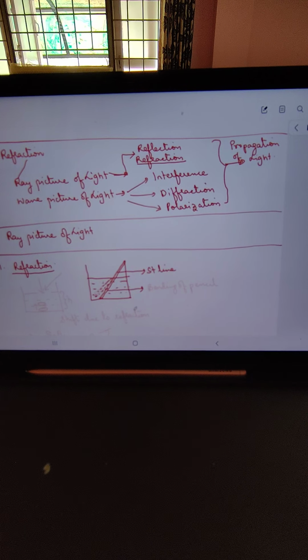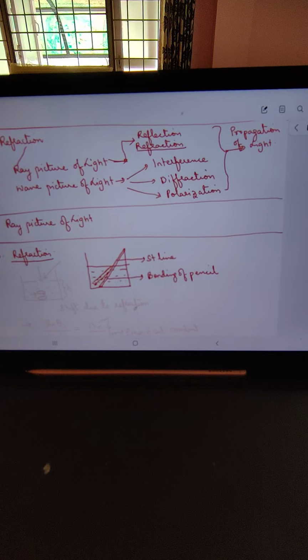Each portion of it is going to get raised. So then, this portion is not in line with this portion, which is not dipped in water. So basically you see the bending of the pencil is happening due to refraction.